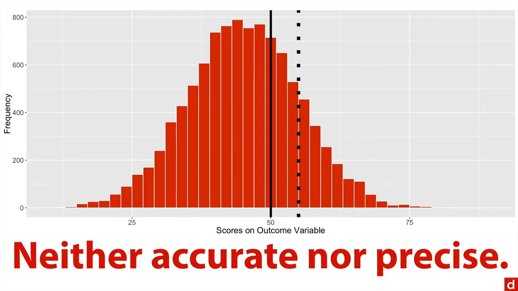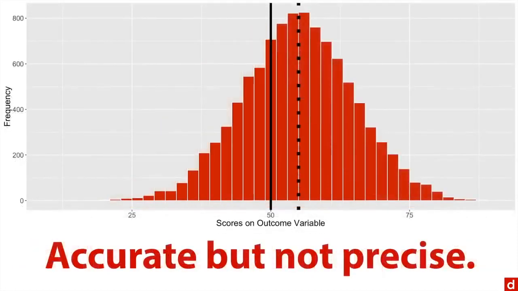Then what I have here is a distribution that shows possible values based on our sample data. And what you get here is it's not accurate because it's centered on the wrong thing. It's actually centered on 45 as opposed to 55. And it's not precise because it's spread way out from maybe 10 up to almost 80. So in this situation, the data is no help really at all.